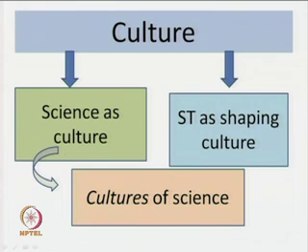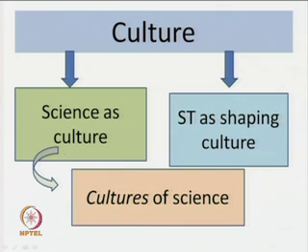Okay. Now, if you ask me what cultural studies specifically looks at as far as science and technology are concerned, there may be three different ways. A, we see science itself as a culture. If culture is defined as a way of life, as we saw in our initial lectures, then science and the scientists are also in a way of life.